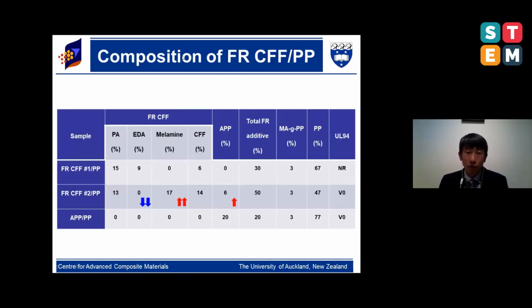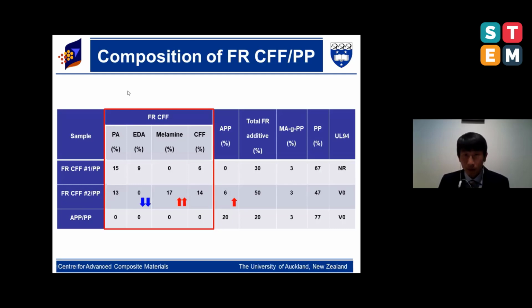So we prepared these two types of flame retardant chicken feather composite. FR CFF number 1 has ethylene diamine phosphate, and FR CFF number 2 has melamine phosphate.